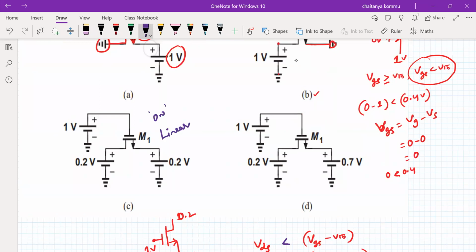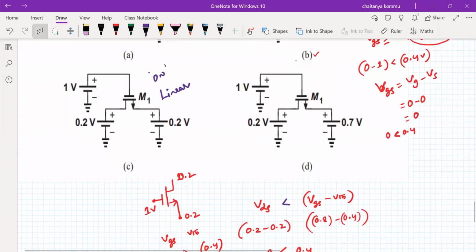So this kind of theory is required when we are going further and further in circuit designing. Please remember that. So similarly, can you do it for the D? Someone in the class? For the D, what is the region of operation?